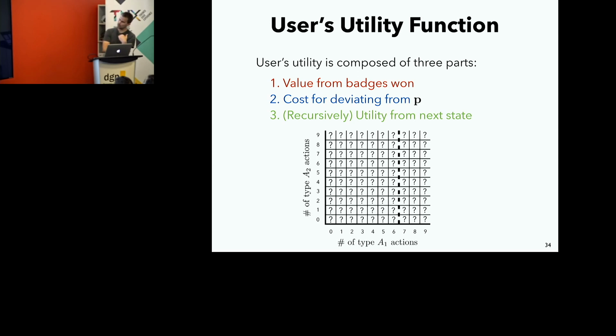I could be in all of these different cells. What direction should I move in every one of these cells to maximize my utility? I get utility from 3 things: 1, from having badges; 2, I lose utility for not doing what I naturally want to do; and 3, I get utility for being in the future.